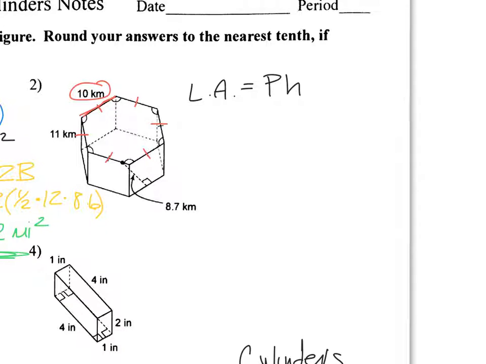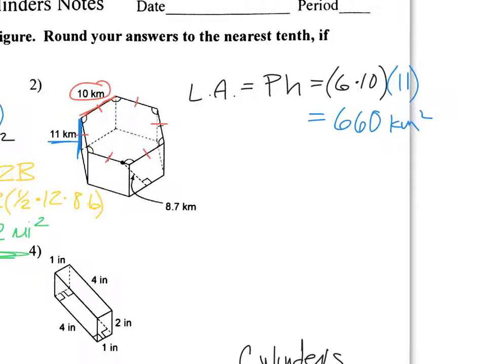So perimeter would be 6 times 10 times the height of the figure. Now the height of the figure is this edge right here, how tall it is, which is 11. So times 11. I type that in on my calculator and I've got 660 kilometers squared.